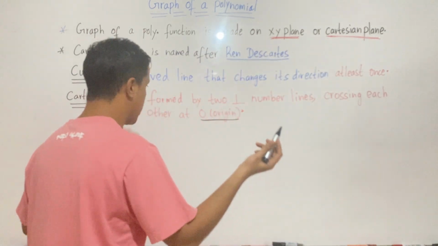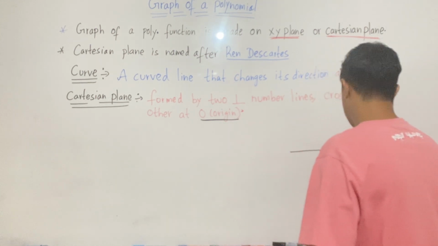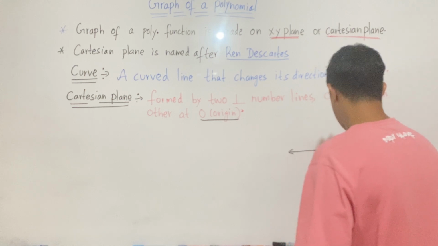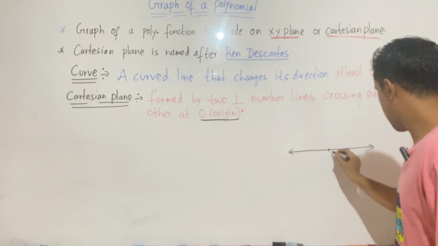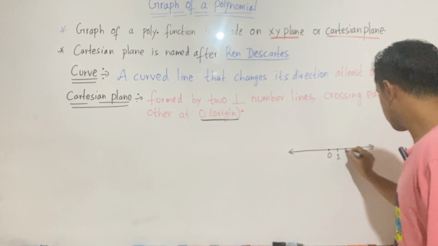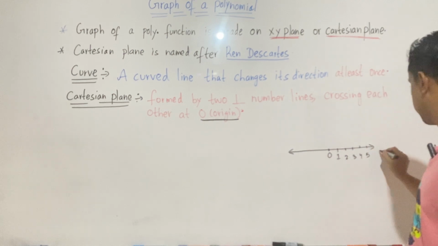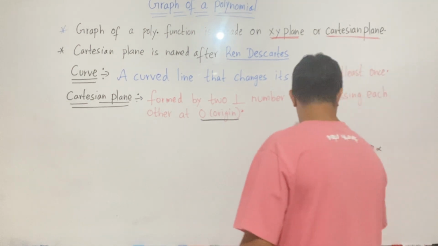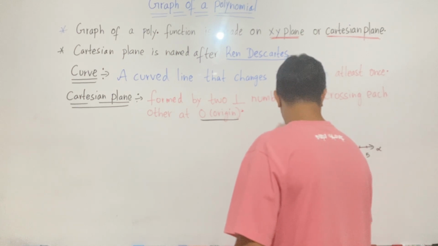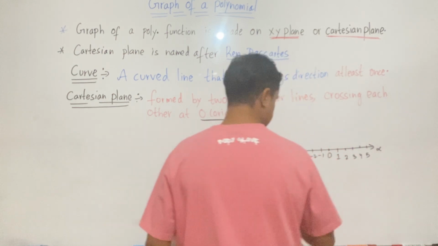Now, what does number line system mean? Here I have 0, here plus 1, 2, 3, 4, 5, and so on up to infinity. Here minus 1, minus 2, minus 3, minus 4, minus 5, and so on up to minus infinity.